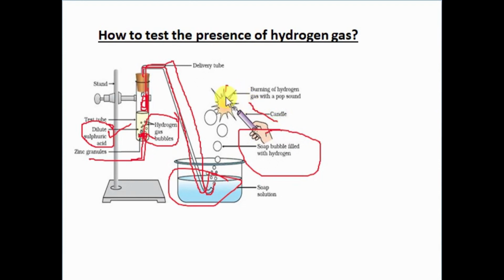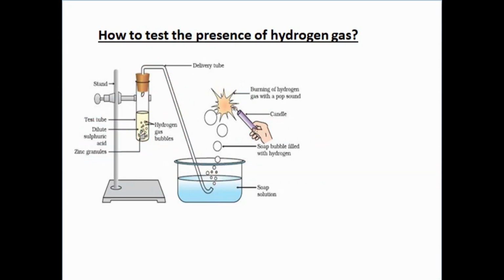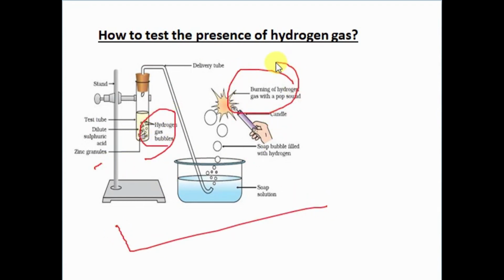If you bring a burning candle near them, you get a pop sound. That pop sound is because of the burning of hydrogen gas, and it shows the presence of hydrogen gas. So this experiment shows that when acid reacts with metal, we get hydrogen gas.